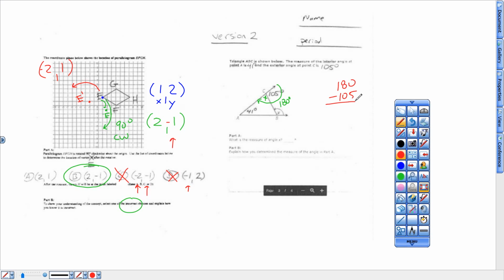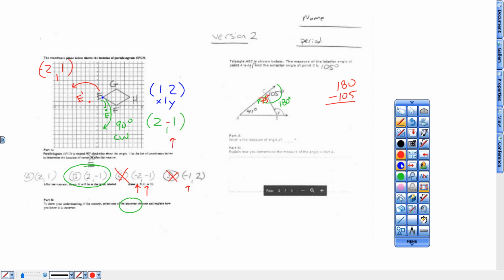Because remember, they have to add up to 180. So if I know half of it is 105, take that away from 180, gives me 75. That angle has to be 75 because 75 and 105 give me 180.